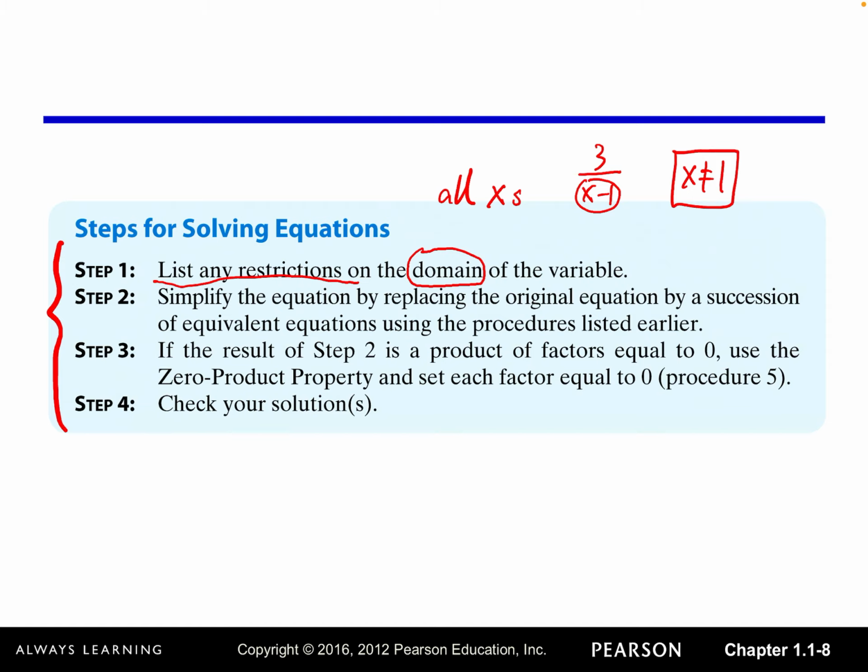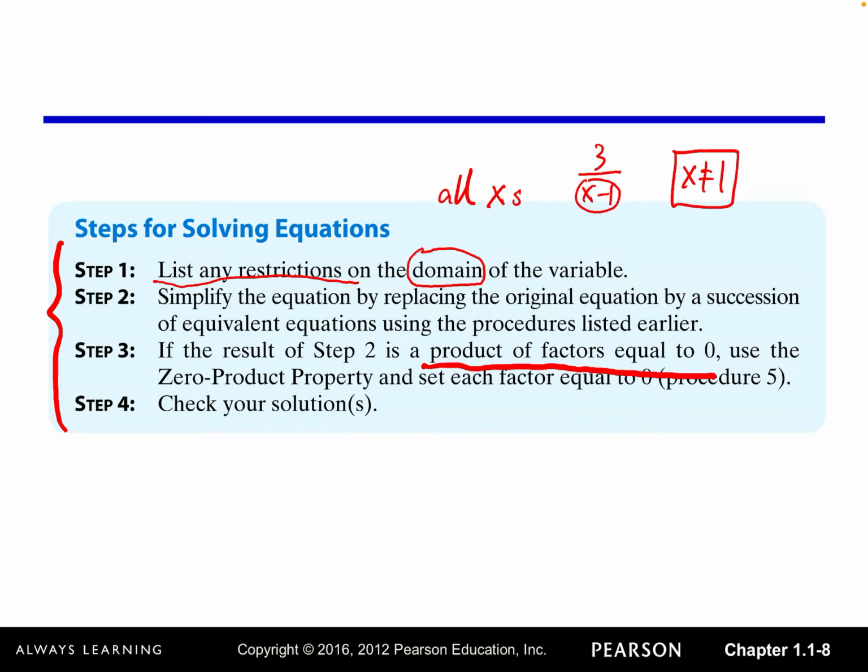We will see the example. The second step is called simplify. Simplify again includes eliminating parentheses and combining like terms. Step 3, if the step 2 result is a product of factors equal to 0, then we can apply the zero product property.